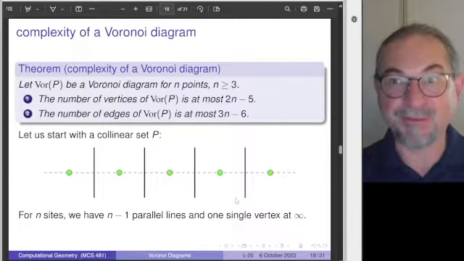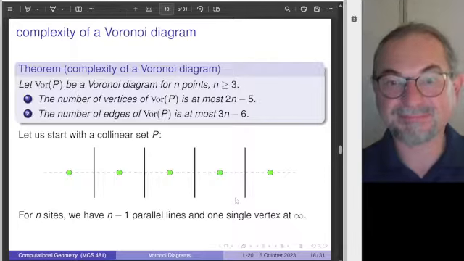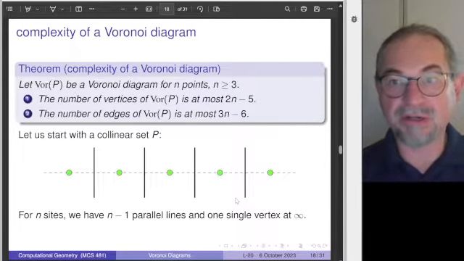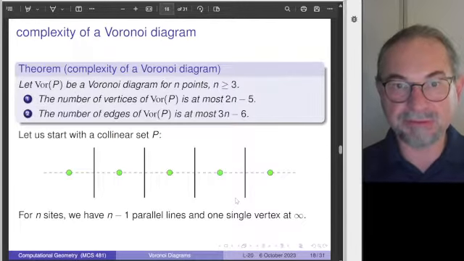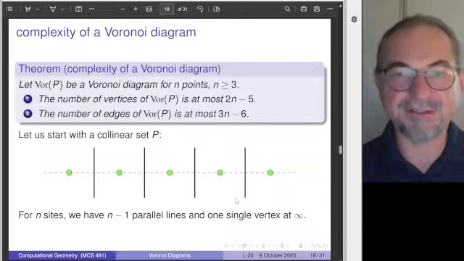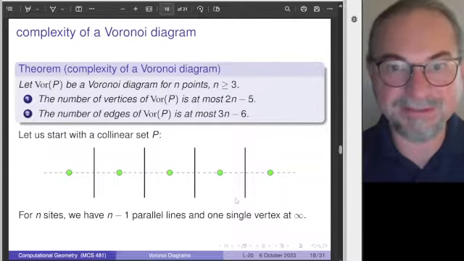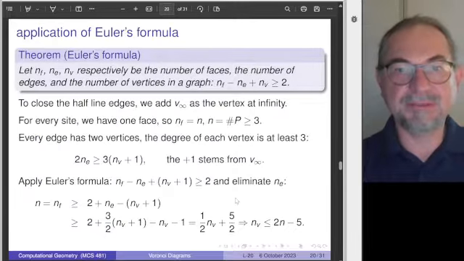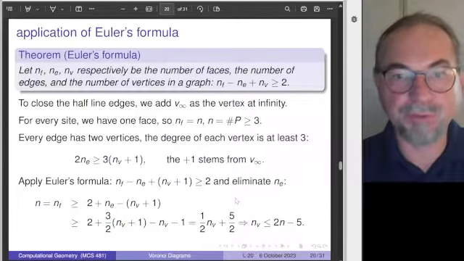So in some sense the complexity of a Voronoi diagram for a collinear set is quite simple. So these are bounds. Are they sharp? That's another question. If you do your statistical runs, then you may find something like that. But let's look at the theorem that we will be using to prove this.